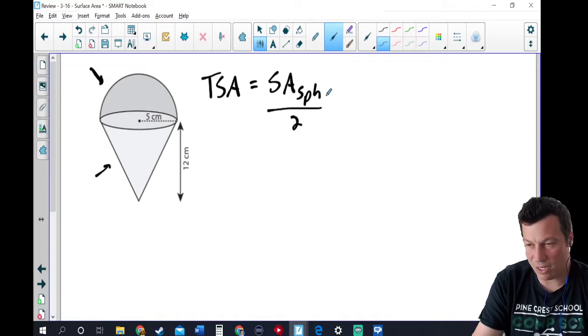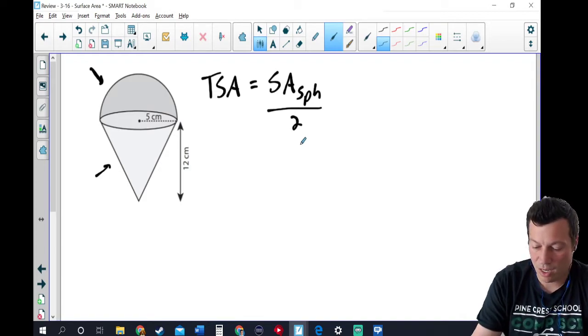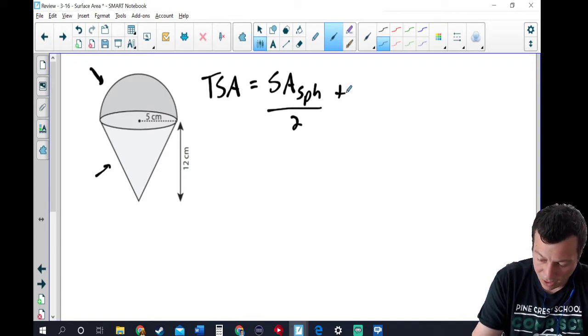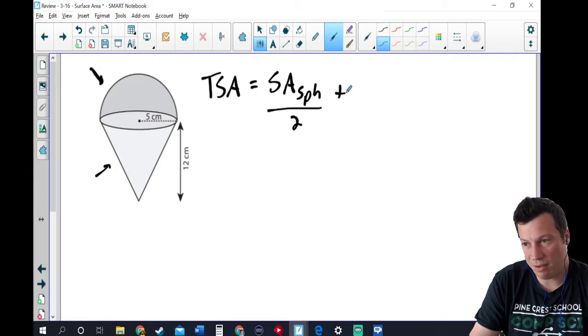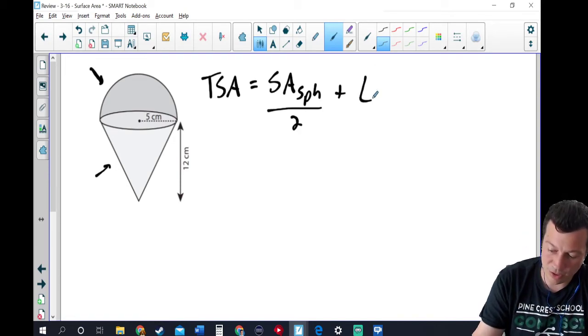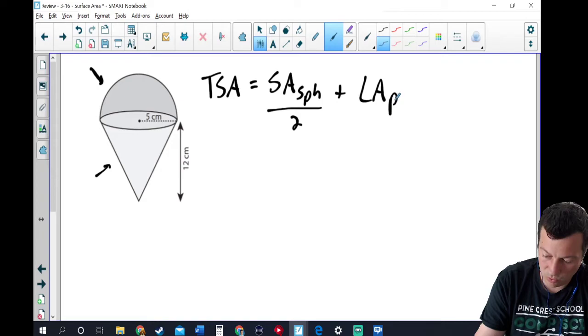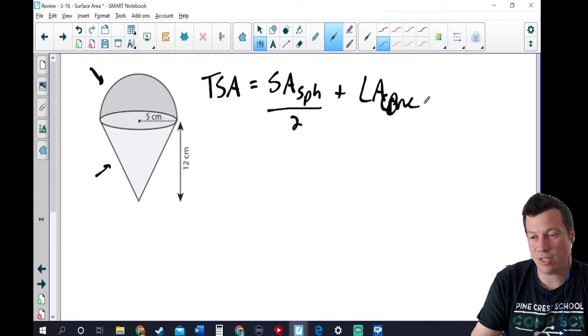So I could write surface area of hemisphere or surface area of sphere divided by 2. Either way, it's still the same plan. Plus, and then here's where I have to think. Well, that right there is a cone, but I'm not having the base of a cone. A cone or pyramid without its base is just the lateral area. So I'm actually just going to write, I just need the lateral area of the cone. There we go. So there's my plan, okay?